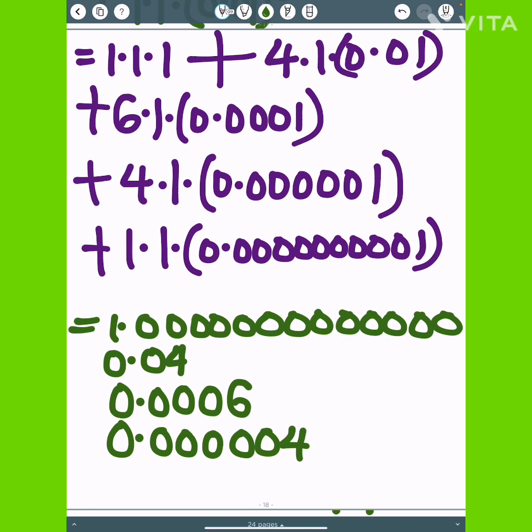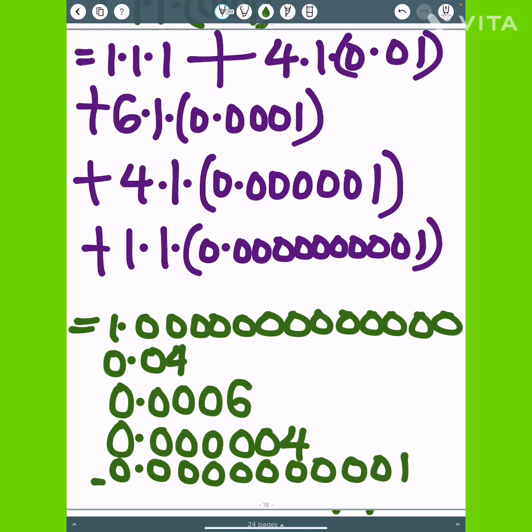Then the last term is 1 times 1, which is 1, and that times 0.000000001. All of these will give me the value 0.000000001.